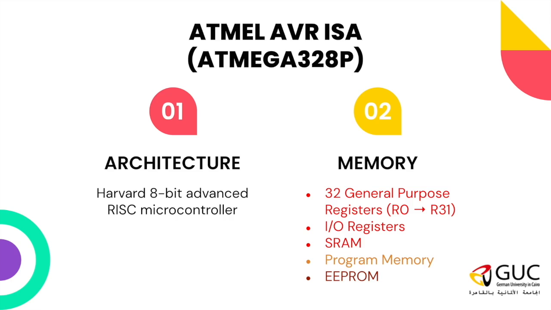So if I unplug my microcontroller, the data stored on the EEPROM will not be erased or gone, and you can program or write to it multiple times, and you can read from it. It is used to store the configurations or the settings of the microcontroller. Or if you want to store permanent data, or some data that you do not want to lose after unplugging your microcontroller, you will store it on the EEPROM.